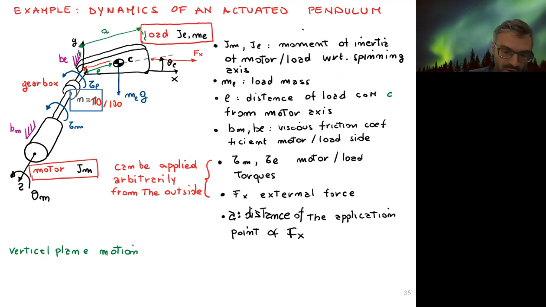So we have only one generalized coordinate, either theta M or theta L, but for the computation of kinetic energy, we consider both of them. You will see what we will do.